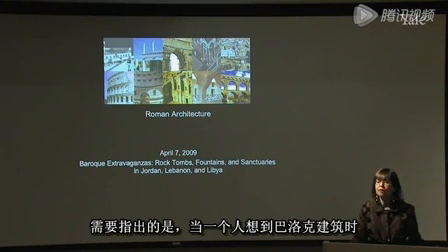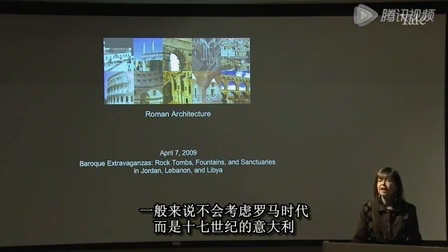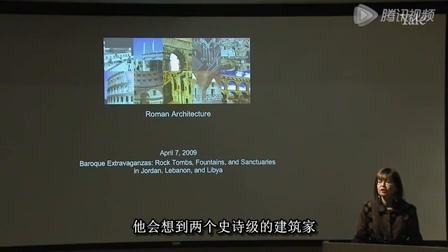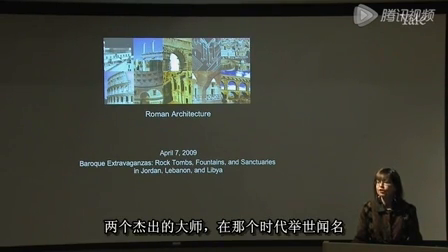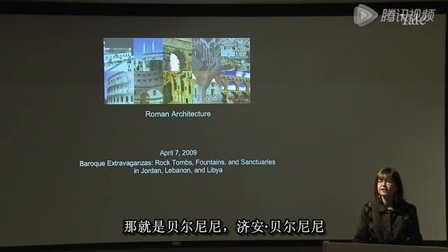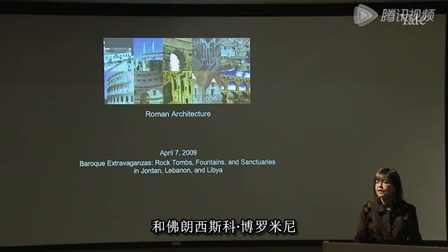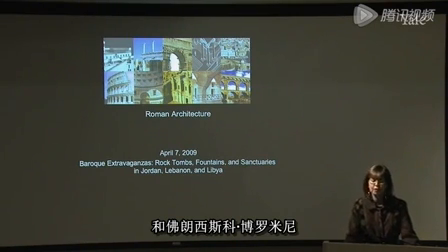I also want to make the point that when one thinks about Baroque architecture in general, one thinks not of Roman antiquity, but rather of the 17th century in Italy. One thinks in particular of two master architects, two great architectural giants who were on the world stage at that particular time: Gian Lorenzo Bernini, and also Francesco Borromini.